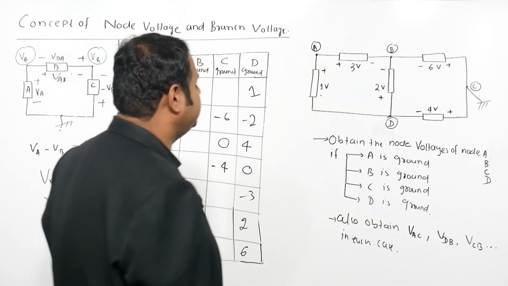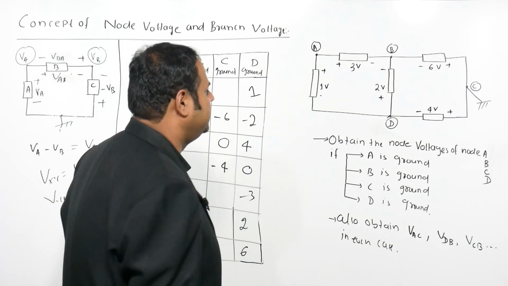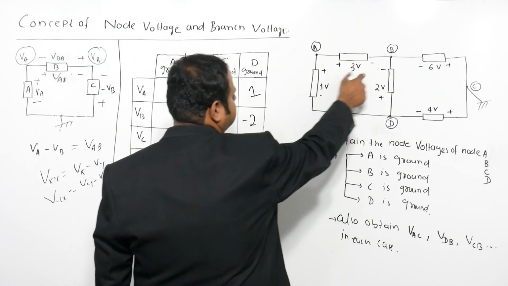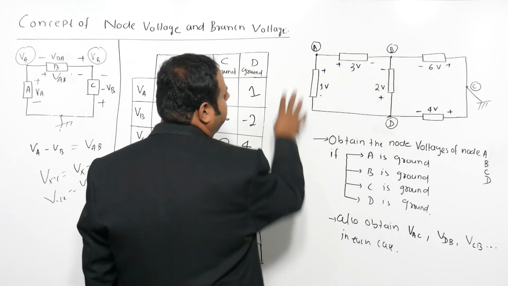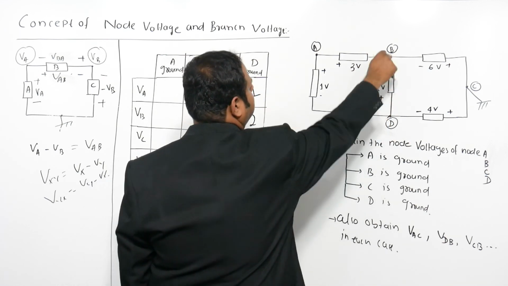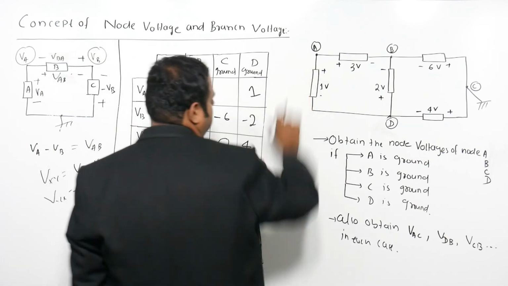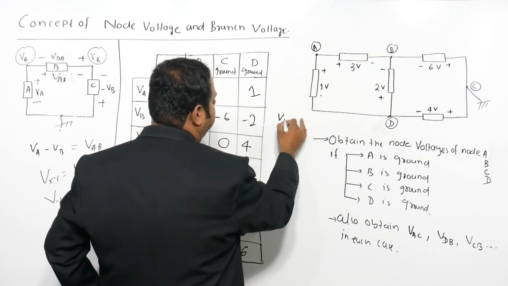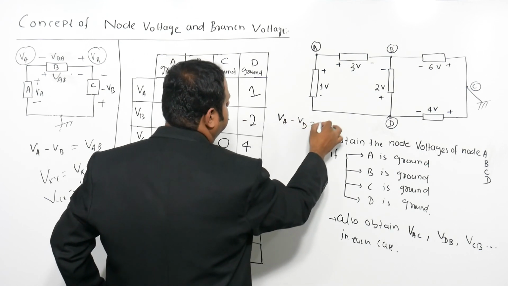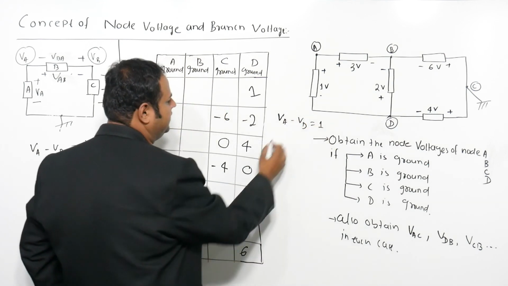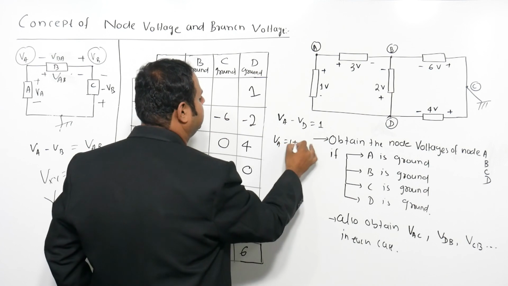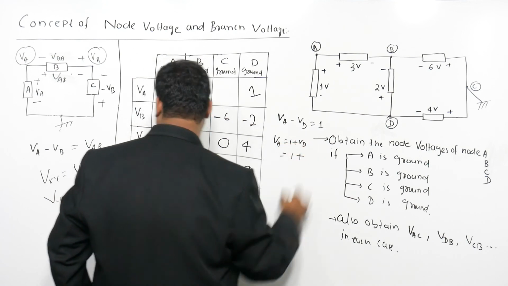Now how do I get VA? To calculate VA, I have two ways. Either I can make use of this and this node voltage, or this and this node voltage. Because I already got VB and VD, I can make use of this. VA minus VD equals 1, so VA equals 1 plus VD.